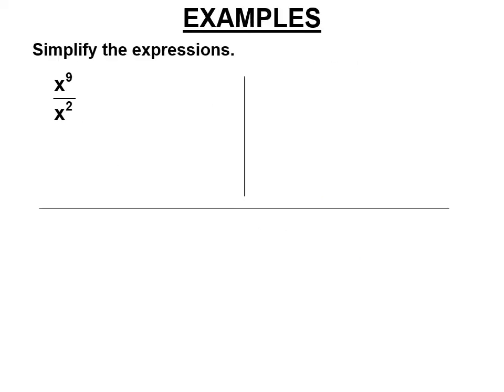All right, so we could write it all out, or we could do 9 minus 2. All right, so x to the 7th. All right, so now, what is this? We're going to do this a different way. We're going to cancel the 2 and put a 7 there. Here we're going to cancel the 10, and then we're going to have 3 extra there, but we have 3 extra on the bottom.